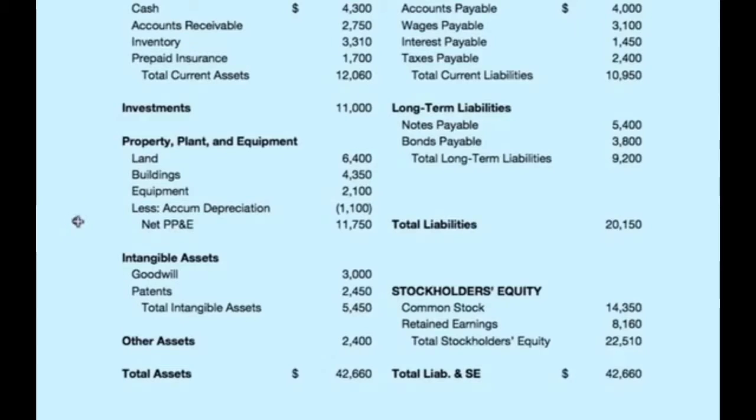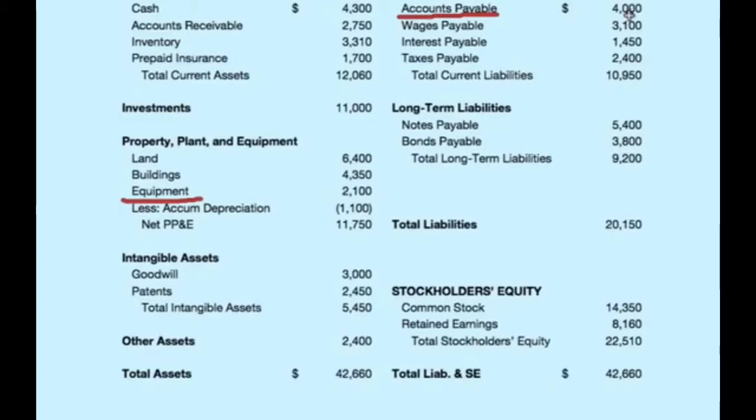So let's say on the other hand that this company, Scammer Corporation, bought a computer so that they could scam people better, and that equipment that they purchased, they bought on account. So it would be accounted for over here in accounts payable.